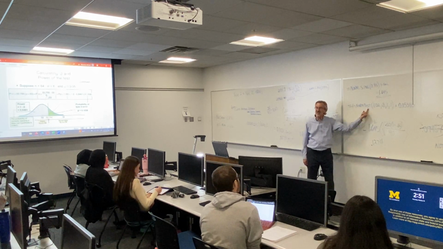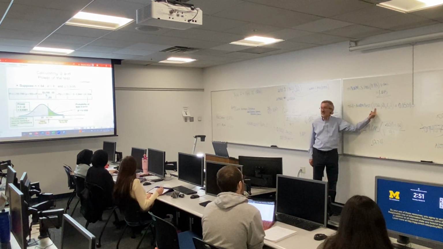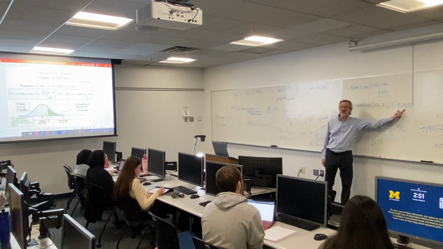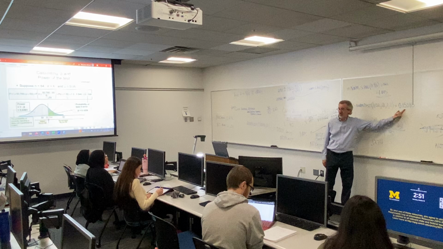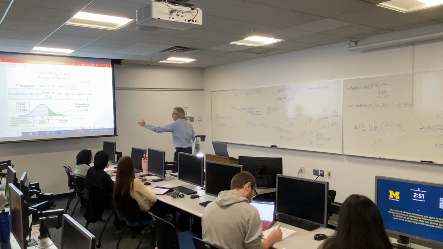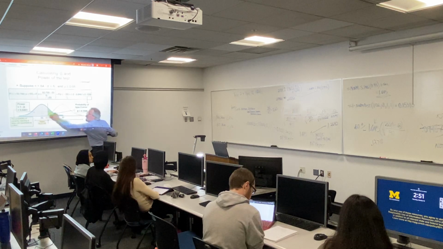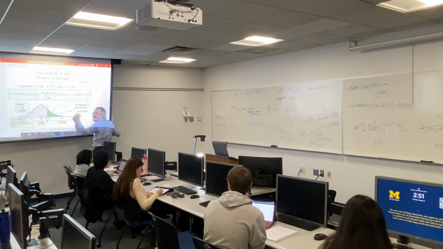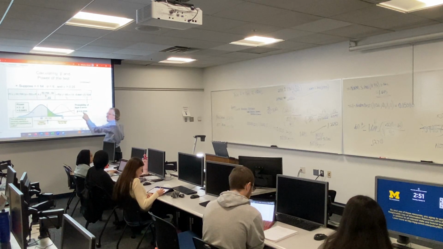NORM.DIST, the 1.02 we just calculated, comma 0, comma 1, comma 1. It's a one tail, so we don't multiply this times 2. That is the p-value from that spot, 50.766 to the right, calculated by entering it in that formula.